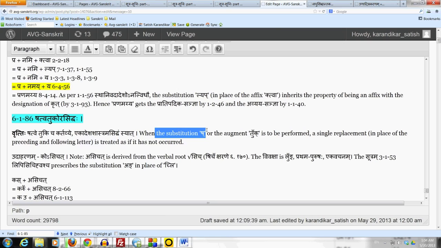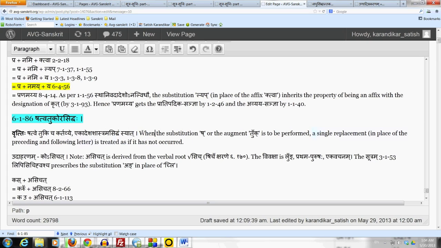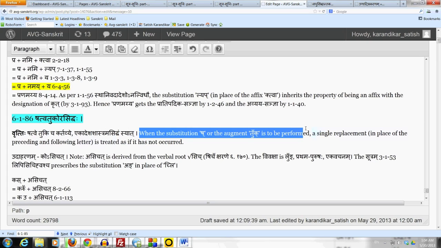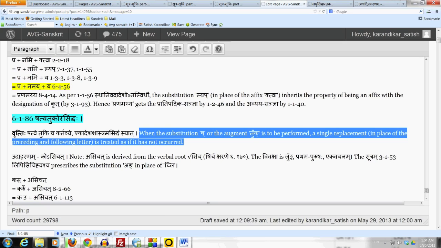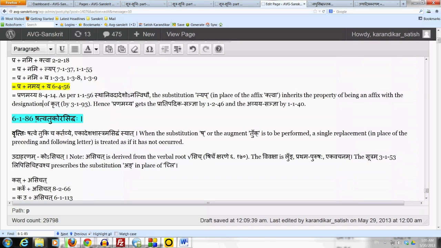Asiddham means that when it comes to performing an operation which is the substitution by the letter ṣ, the mūrdhanya shakāra, or the addition of the augment tuk, then the single replacement which was done in place of the prior and the following letter is to be suspended, so to speak. It means when it comes to one of these two operations, then we have to pretend as if this pūrvaparayoḥ ekādeśa has not occurred. Let's take an example for this.